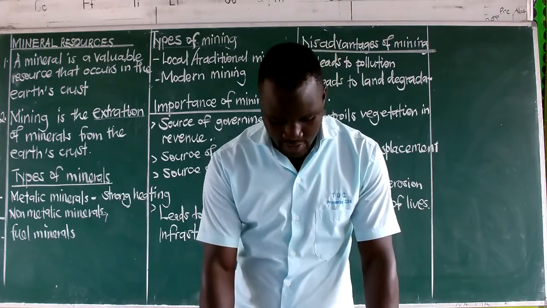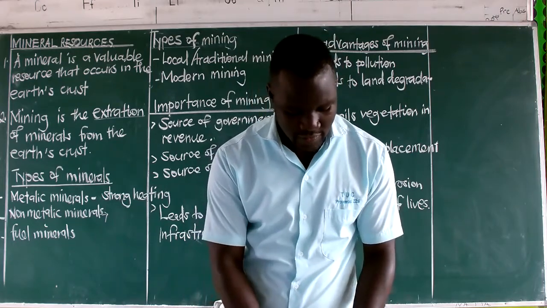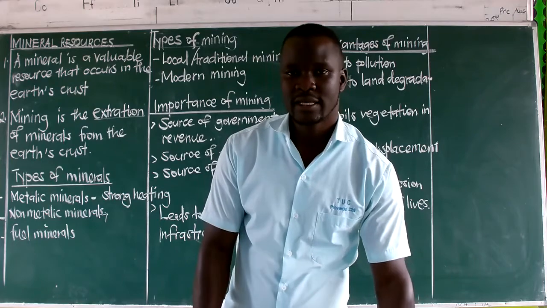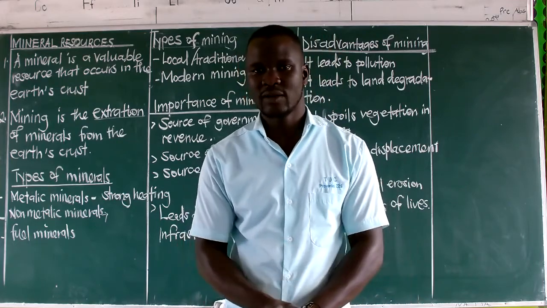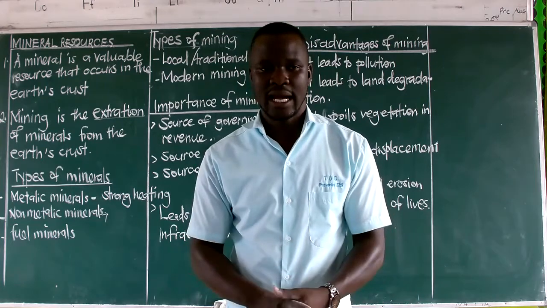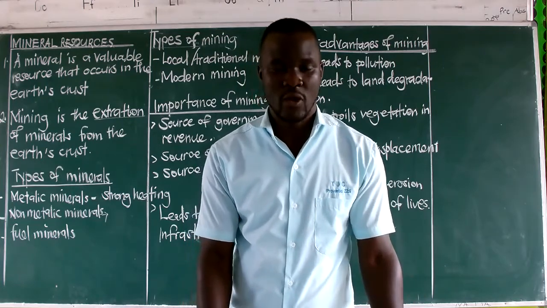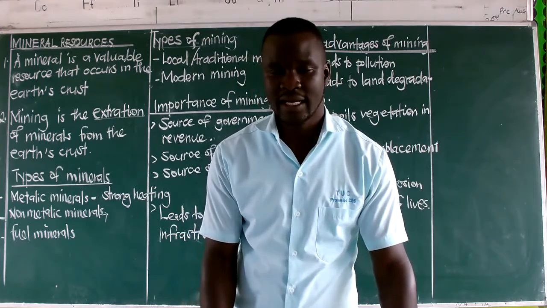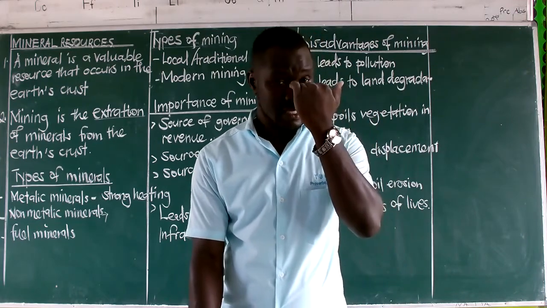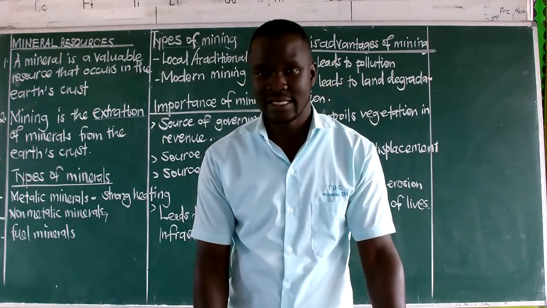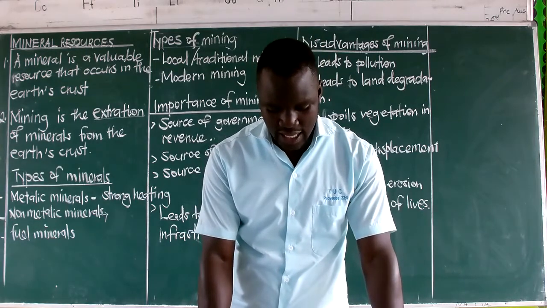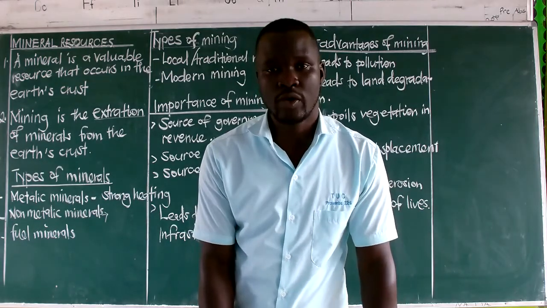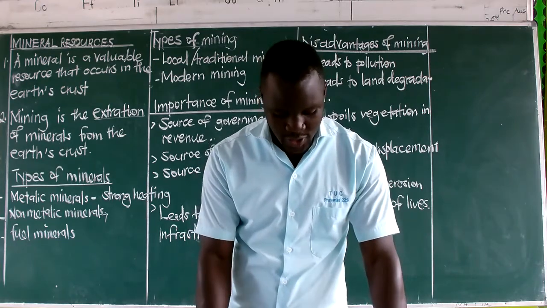Then the problem of shortage of funds should be addressed by borrowing loans from relevant bodies. For us in East Africa, we have the East African Development Bank that helps the member countries, that is the East African community countries, to access loans at a subsidized cost or rate. So we need also to understand that.